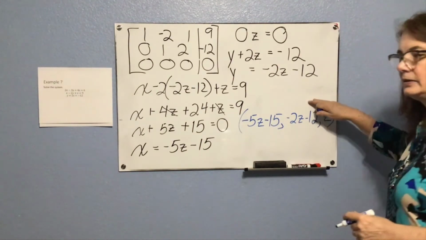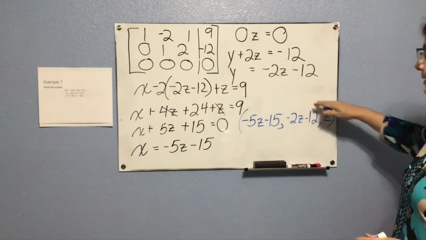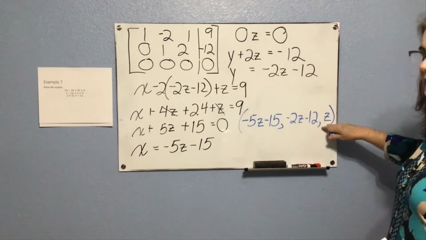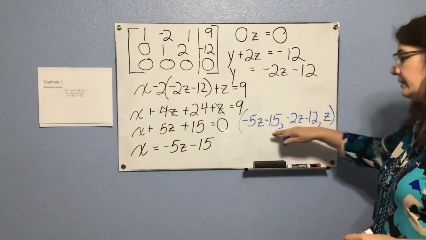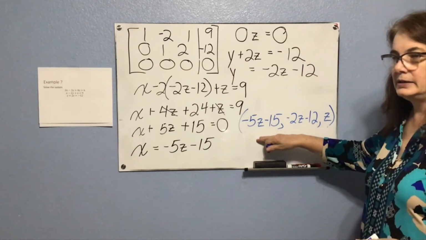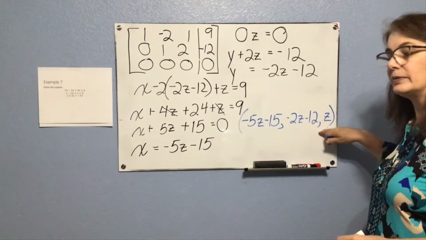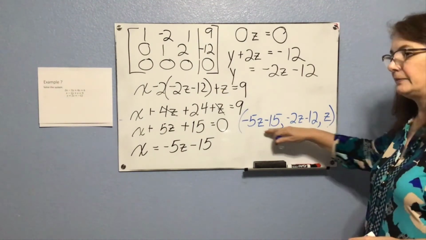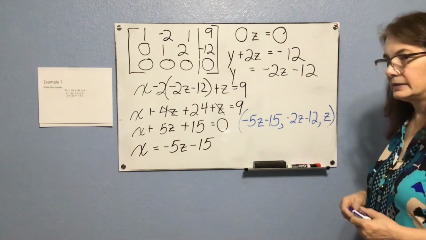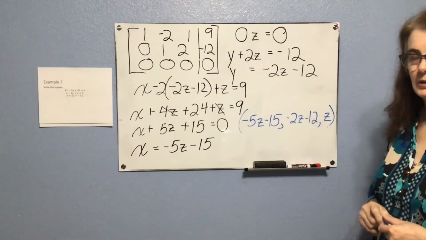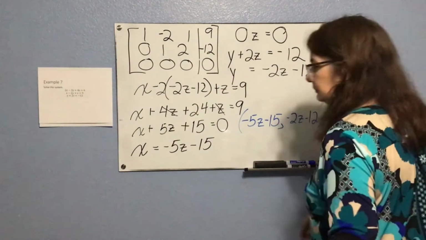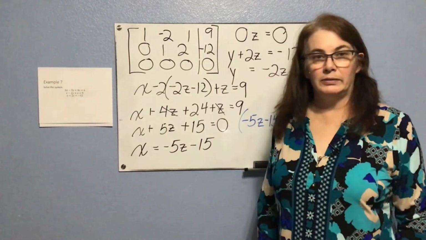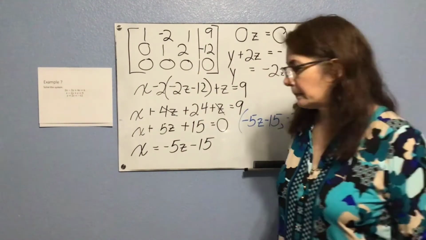So this is my solution set, which means if I pick a value for z, then I can find a value for y and a value for x. But I could pick any value for z and get different x's and y's, but they would all be solutions of this system. Pause the video now and work on checkpoint 9.